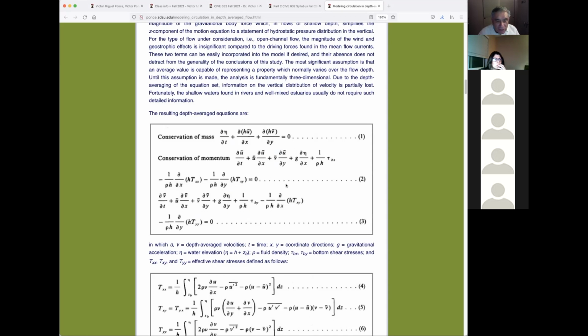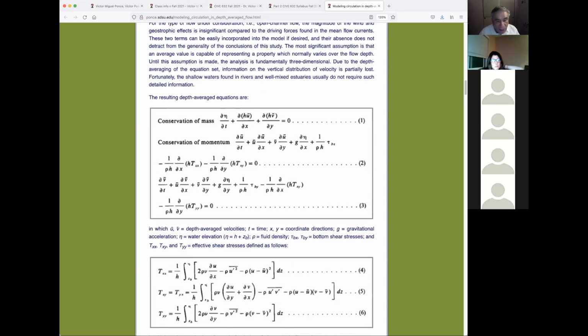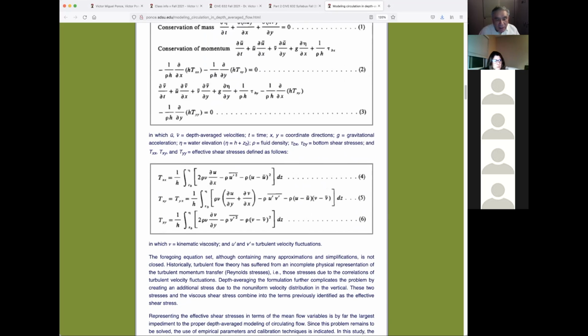So we needed to solve these equations, but nobody knew how to do it. And people that preceded us had expressed by using fluid mechanics the shear stresses on the sides of the control volume as equations 4, 5, and 6.